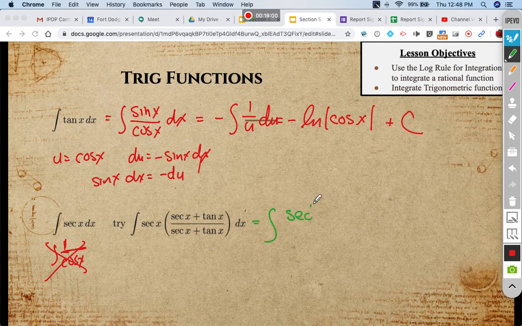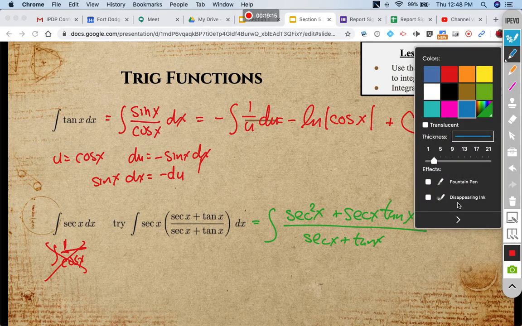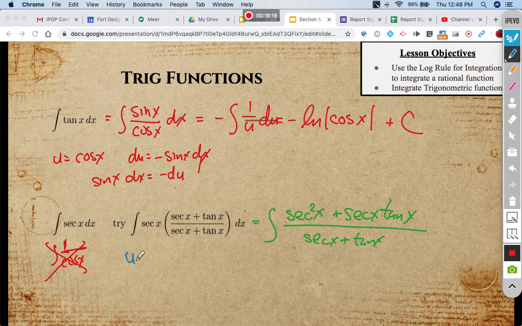Because that's going to be secant squared x plus secant x tangent x over secant x plus tangent x. But if you make u equals secant x plus tangent x, du, the derivative of secant, is secant tangent. We have it right here.